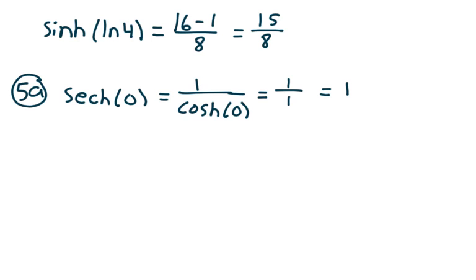And let's take a look at 5b. Now, suppose we want inverse hyperbolic cosine of 1. Here's how I'm going to attack this problem.